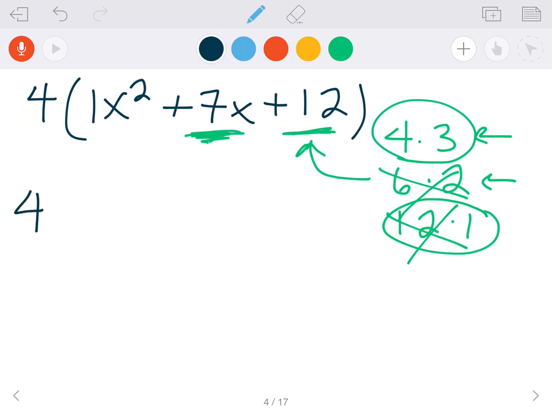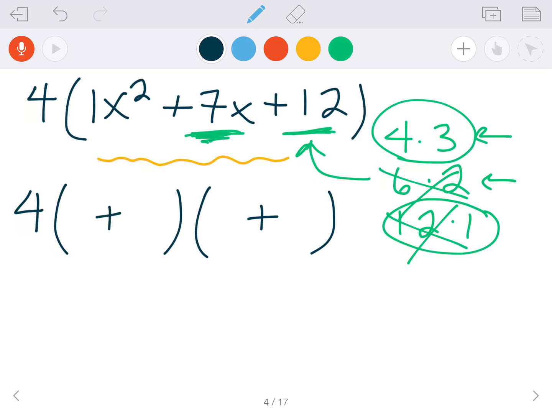So this is going to be the pair that we will be using. So our 4 will come straight down, and now everything that's inside of this quantity we're going to separate just like we did in 7.5. And I prefer to bring down my plus signs. Now since the a term, or the quadratic term, is 1x squared, our coefficient is 1, so I know that we're just going to have a 1x here and a 1x here.